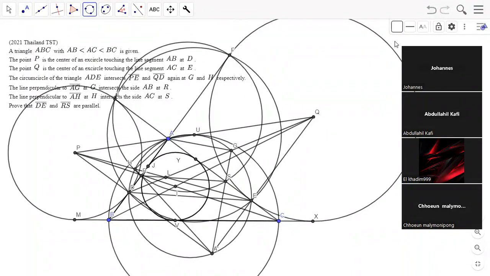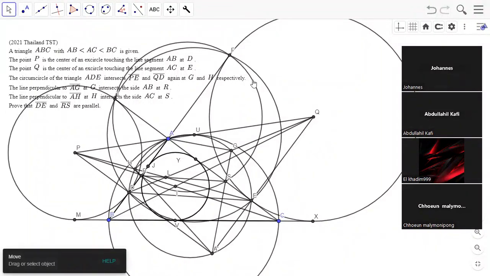Actually, I'm not sure. Well, we know DTFE is cyclic. That's trivial because AT times AE is AD times AF. So then if we could show this is cyclic, that would solve it.